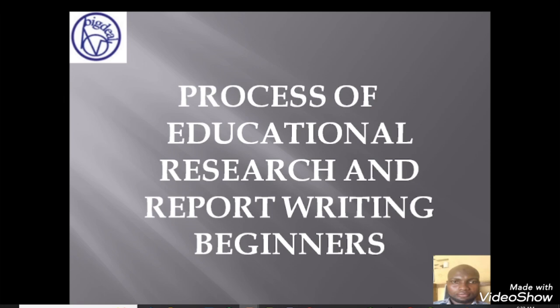Basic method of research is a step-by-step way of finding answers to questions about education and writing down the findings in a clear and organized format. We have basic methods of research, which are the descriptive method and case and fit method. What is educational research?